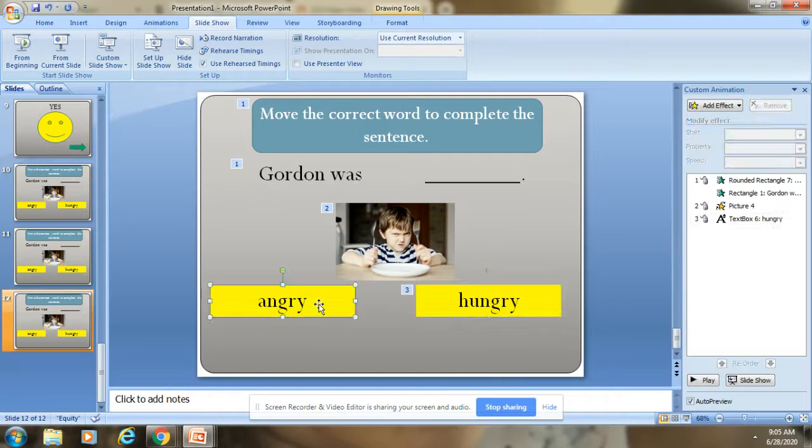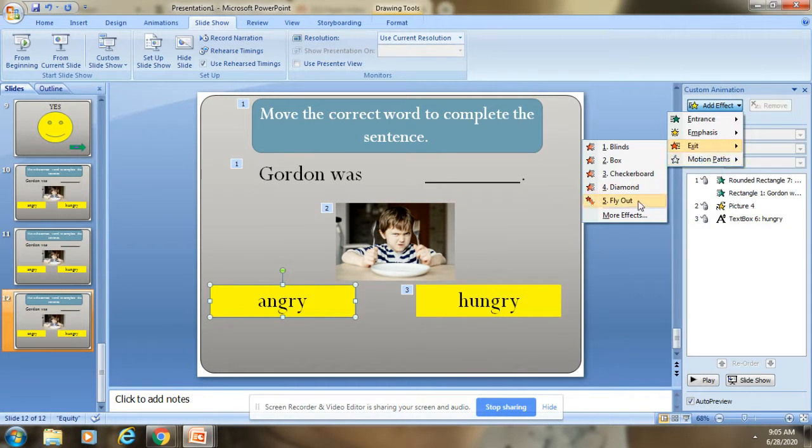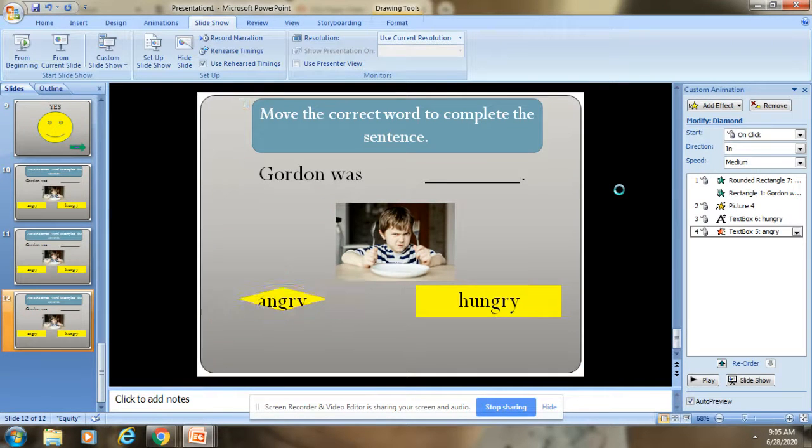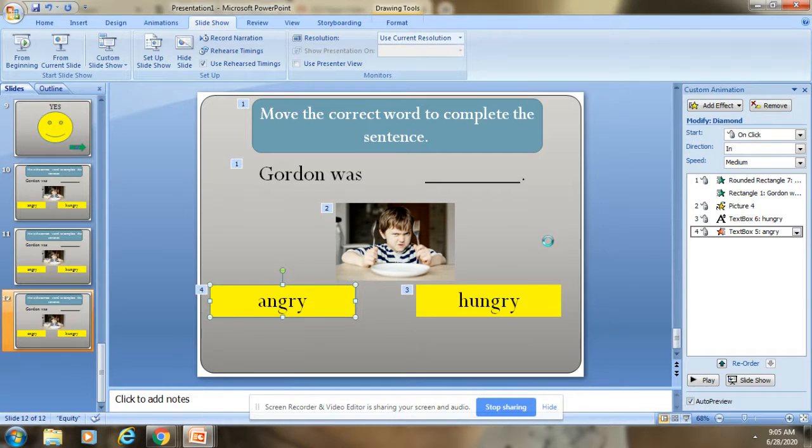But I also want to remove this because it's the wrong answer. So I'm going to do an exit, and I'm going to do a diamond exit. Okay. So you can add however much you want. Pay attention to the numbers. That tells you the sequence of when these things occur. So let's take a look at it from this slide.